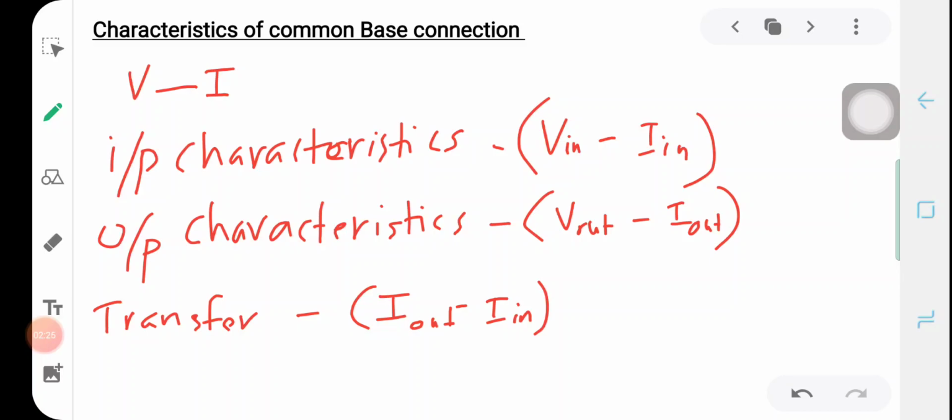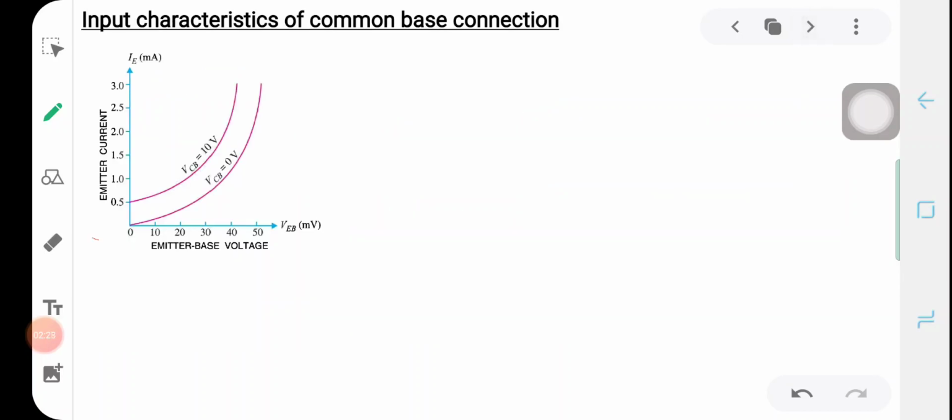First of all, consider the input characteristics of a common base connection. In the case of a common base connection, the input voltage is the base emitter voltage. Since the base emitter junction is the input terminal, we can call the input voltage of the common base VBE, the voltage across the base and emitter, which is called the base emitter voltage.